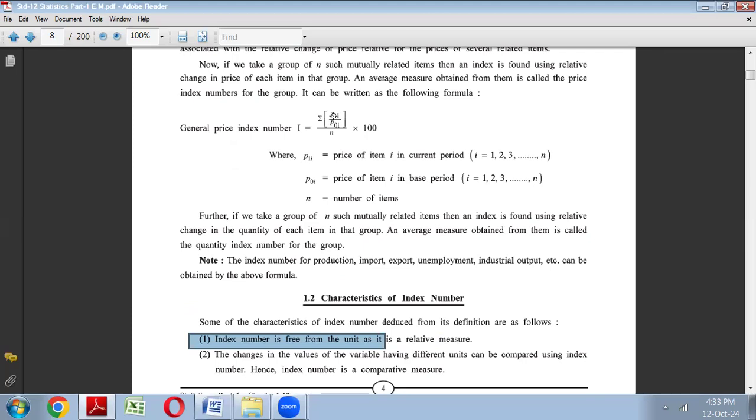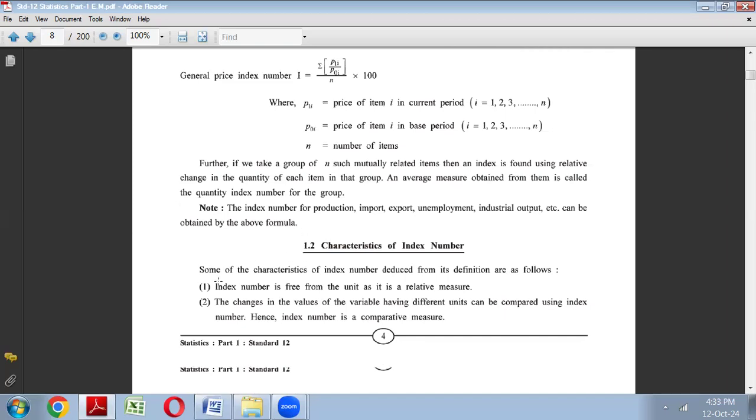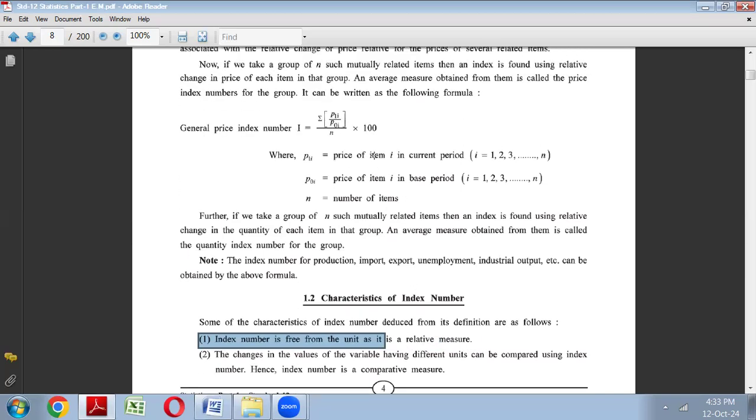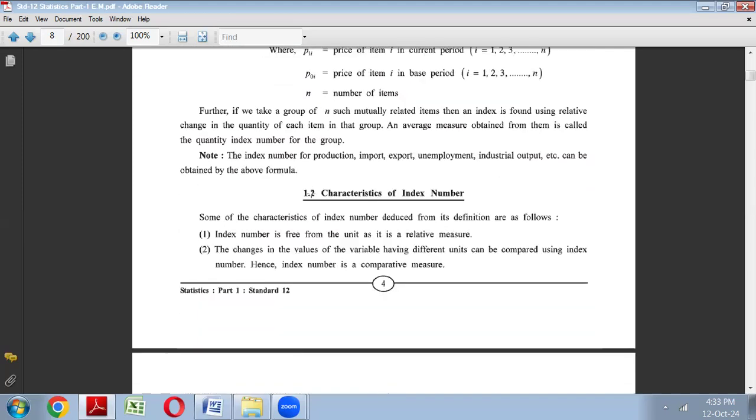P1 refers to the price and P0 also refers to the price, and N refers to the number of items, into 100. Here it is rupees upon rupees, so it gets cancelled. Eventually the answer you get is just a pure number. So it is a relative measure, free from the unit. It is a relative measure because here we are finding the ratio P1 upon P0. That is why.